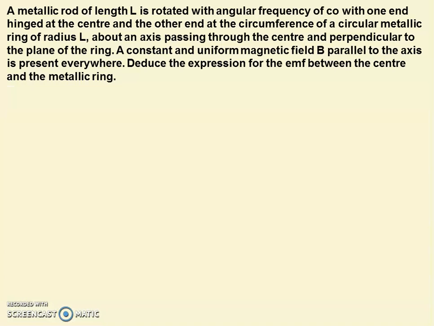A constant uniform magnetic field B parallel to the axis is present everywhere. Deduce an expression for the EMF between the center and the circular metallic ring.